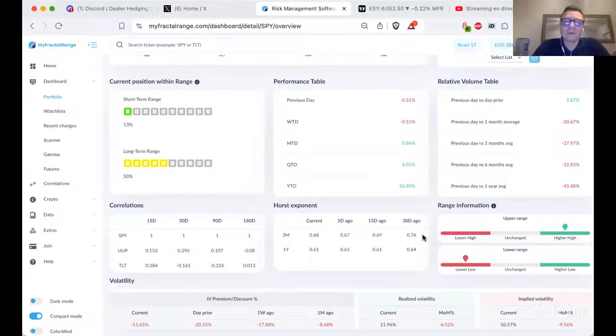It was at 0.76. Now we are still, like last week and the week before, in the high 60s. To have a trending market, you need a strong Hurst. You need the certainty that the next day is going to keep being like the previous day.